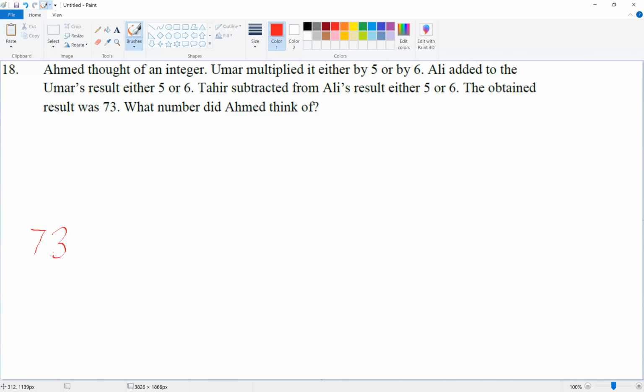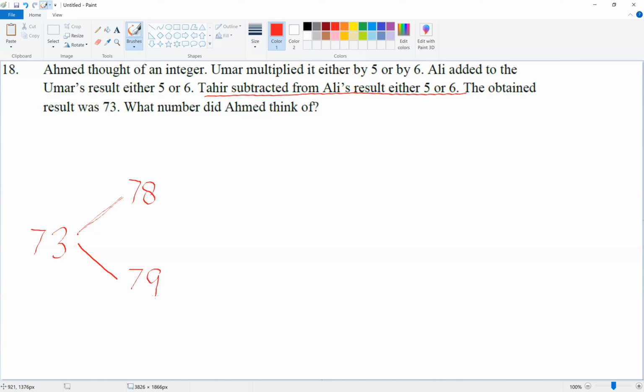So what happened at the end? Tahir subtracted from Ali's result either 5 or 6. So what was the previous number? What number did Tahir have when he subtracted? He had 73, and since he subtracted 5 or 6, I did addition by 5 or 6, and I picked 6.